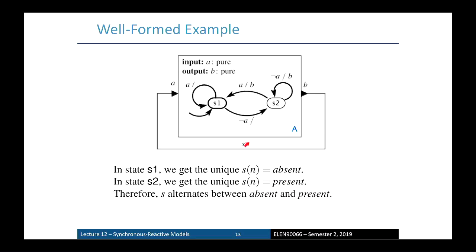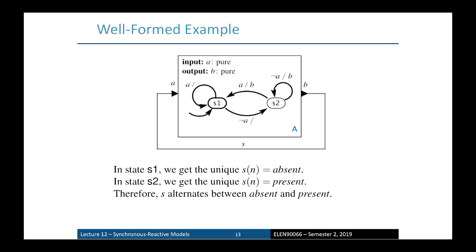Remember S is the feedback here, at some particular reaction n. In state S2, we do the same thing. We've got two transitions, if A is present or if A is absent. For both of them, we are outputting B, so B is present.